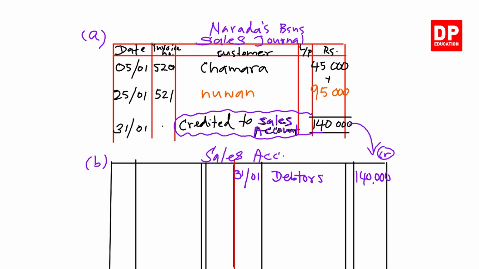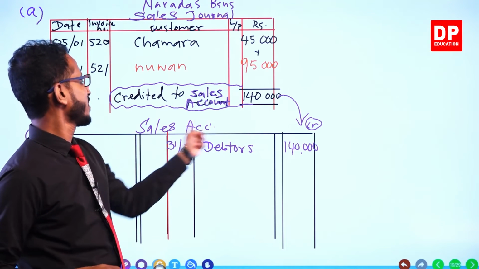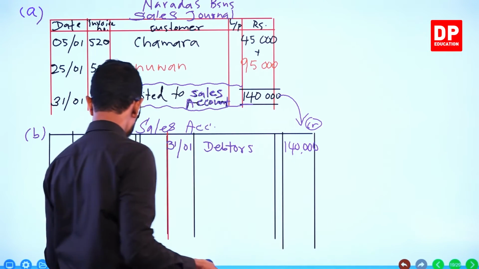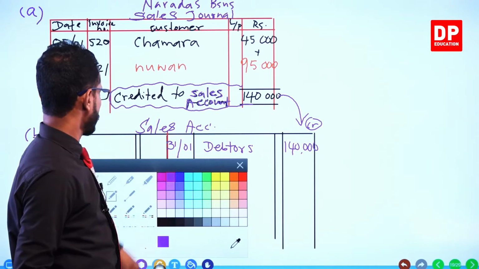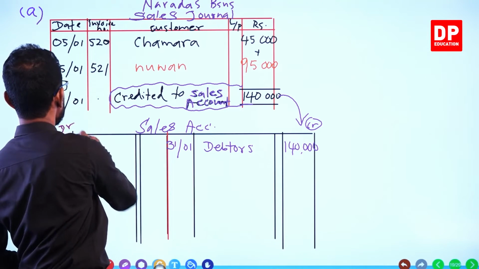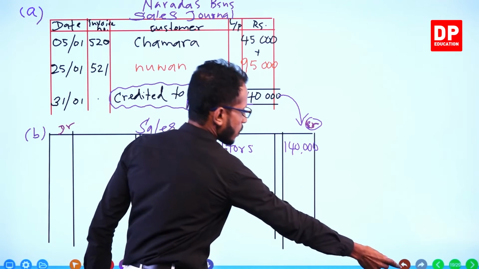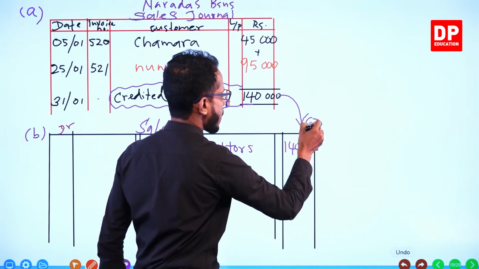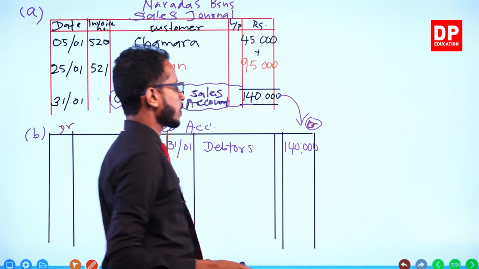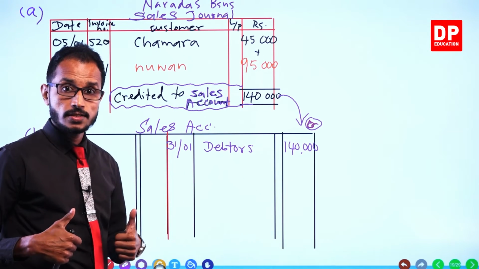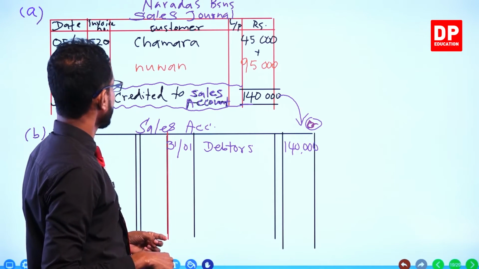You have to name the columns in your account. I can't do everything for you. These simple things, and debits and credits. All right, that's it.